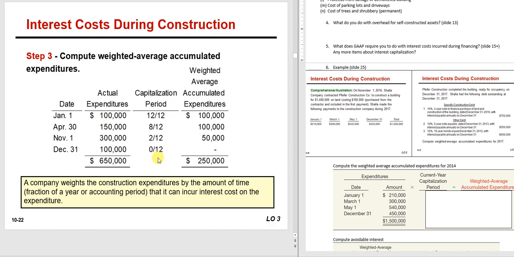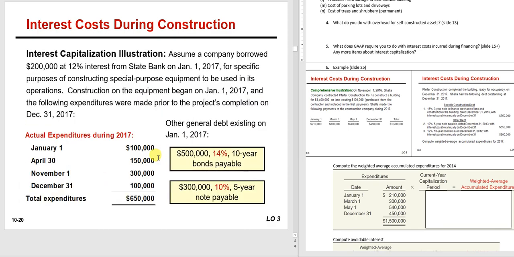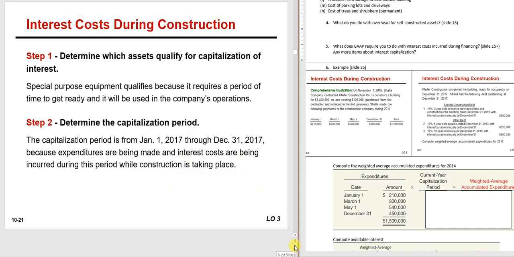The first thing that we need to do is notice that we didn't spend the $650,000 all at once, so we didn't borrow $650,000 all at once. So we shouldn't calculate interest for the entire year.